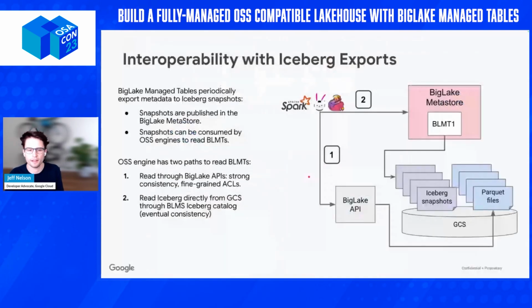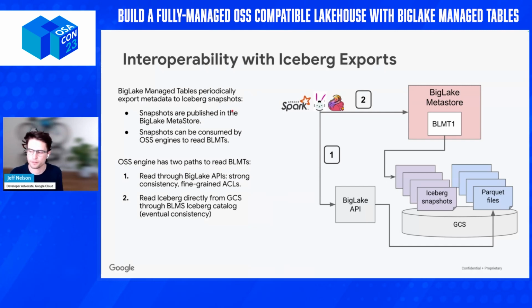Now, again, the managed part of BigLake Managed Tables also includes exporting metadata to Iceberg snapshots. So the exported Iceberg snapshots are registered to a BigLake metastore, which provides an Iceberg catalog implementation so that open source query engines like Spark or Trino or Presto or whatever it may be can access these data directly as Iceberg tables.